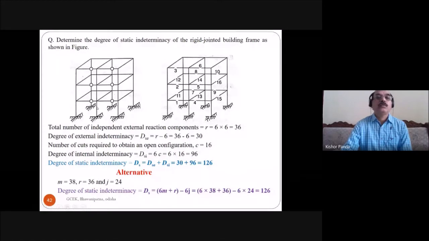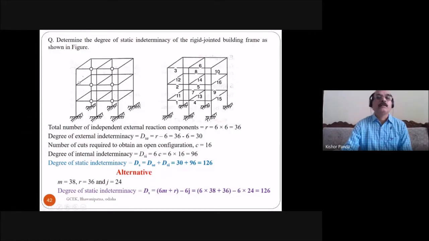1, 2, 3, 4, 5, 6. Then 6, then 7, 8, 9, 7, 8, 9, 10, 11, and 12.